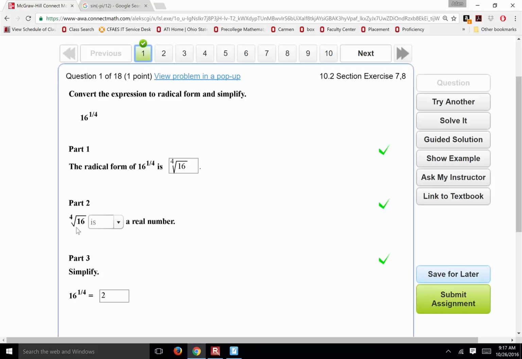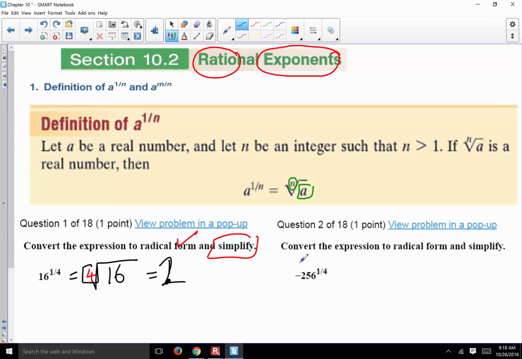If its inmate is negative, we cannot compute, if the guard is even. Odd numbers, odd index, odd guards are fine. They compute everybody, but even ones only accept positive inmates. Alright, let's proceed. How about this one now?